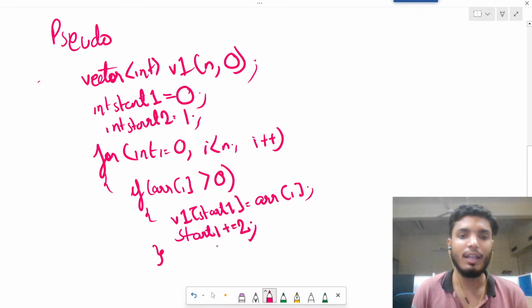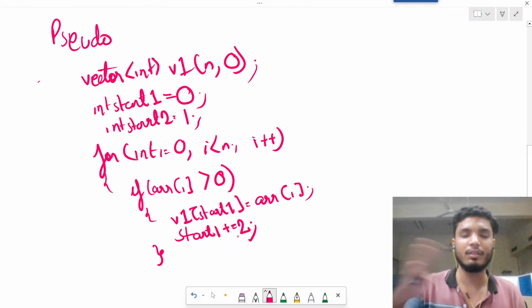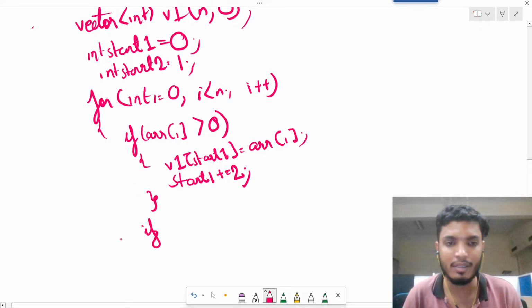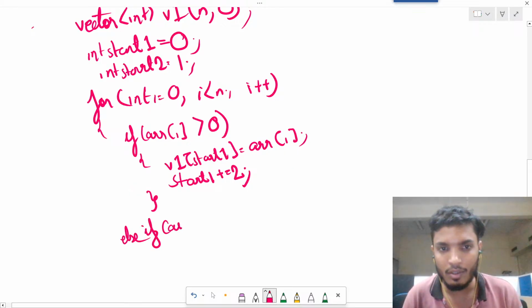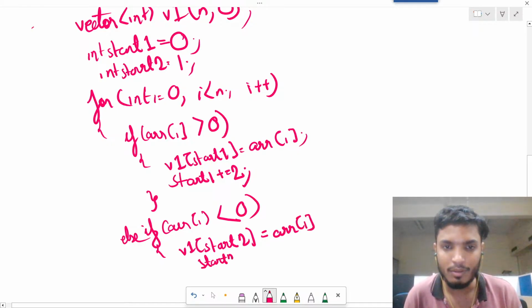So if it is at any even index, suppose index number 4, then it will move to index number 6. And similarly, else if arr[i] is less than 0, then again you will simply do v1[start2] = arr[i] and start2 += 2.